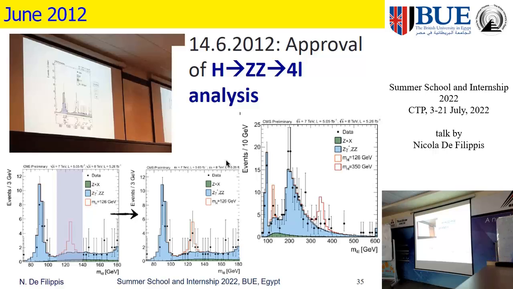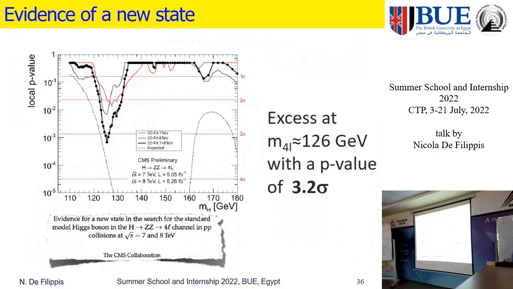And suddenly, I mean, we started to see a clustering of events in data, not compatible with the background, what you see here in blue and green, but compatible with a possible signal from the Higgs boson.